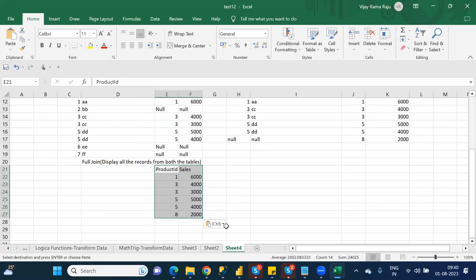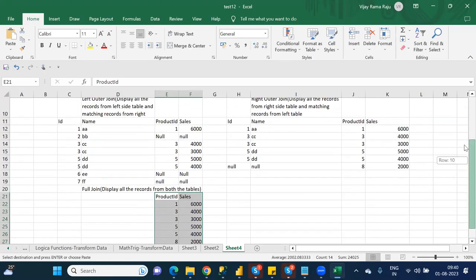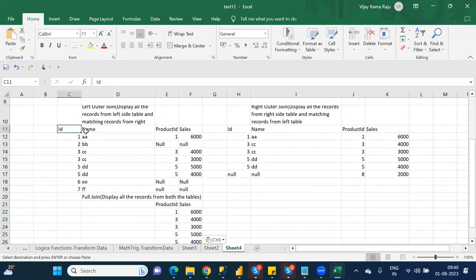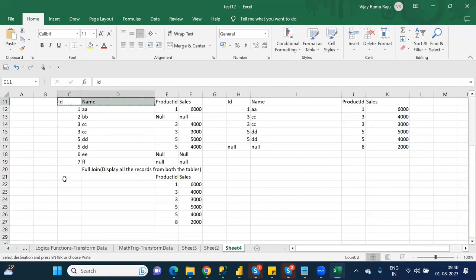Right side. Okay. So one is matching. Whichever is matching, in the same row we need to display that one. Understand? 1 AA. In the same row, it will be displayed.